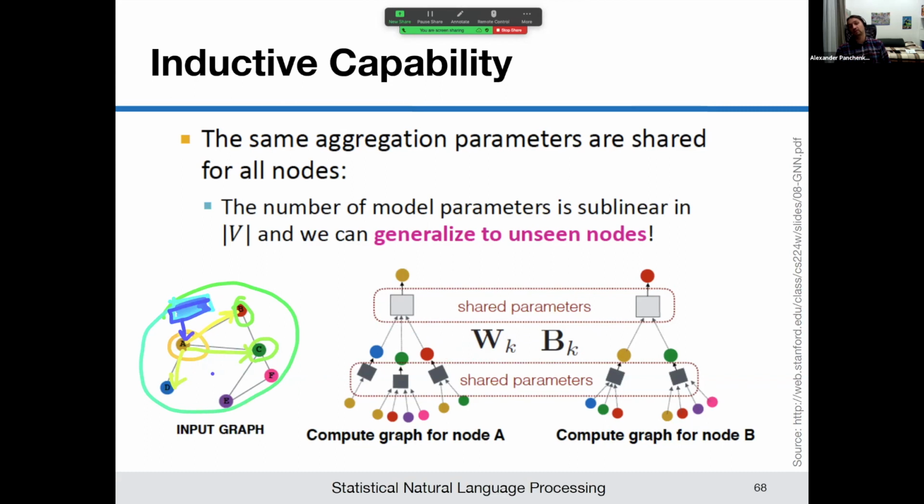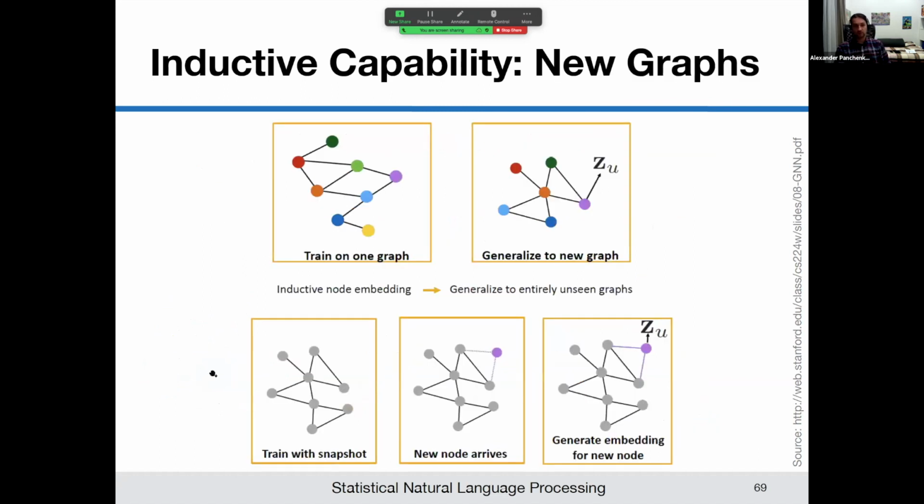And this is very different from a lookup in some pre-trained node2vec or DeepWalk table, where you will simply not have any entry for this new basketball player, right? So this is a nice property which gives you some inductive capability. Of course, to be able to use this property, you have to link these new nodes.